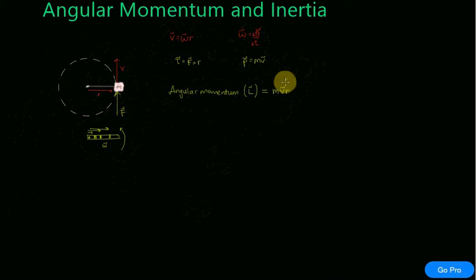So instead of having velocity in this format, I'll simply replace it with this concept. My formula will look somewhat different, where I'm just replacing the velocity with the angular velocity times r.